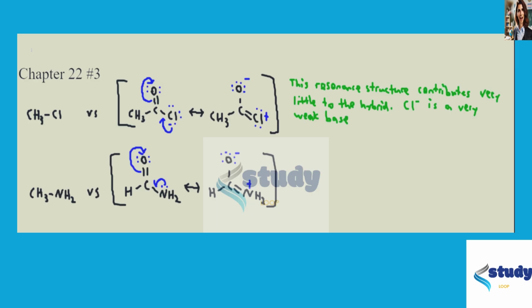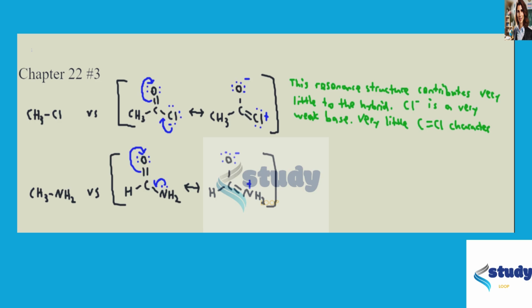And so a result of that is that there is very little carbon-chlorine double bond character. So very little C=Cl character.